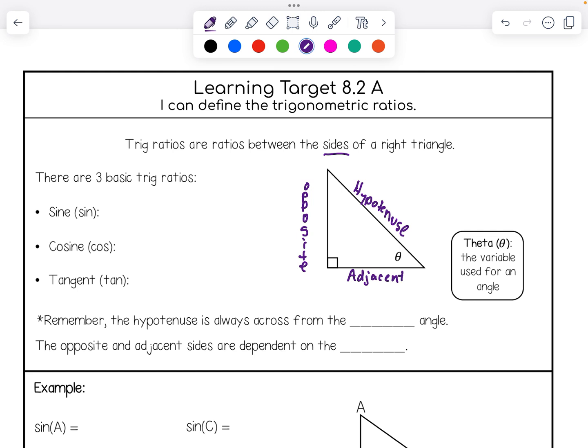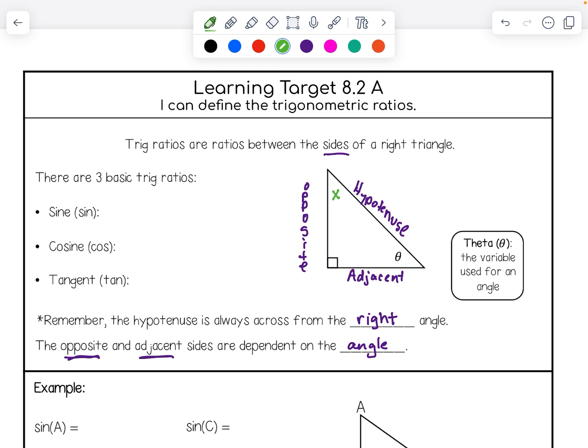Now, something to remember, the hypotenuse is always across from the right angle. We've already talked about that. The opposite and adjacent sides are dependent on the angle. So what that means is, if this was our theta up here, I'm just going to change it and mark this.